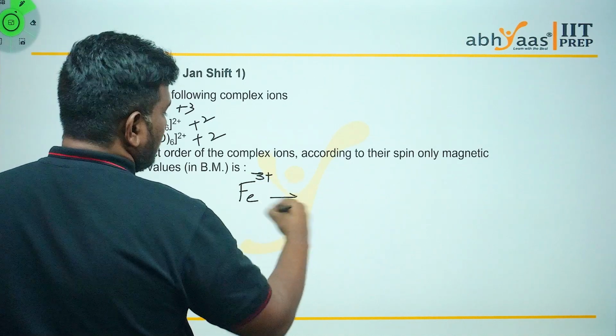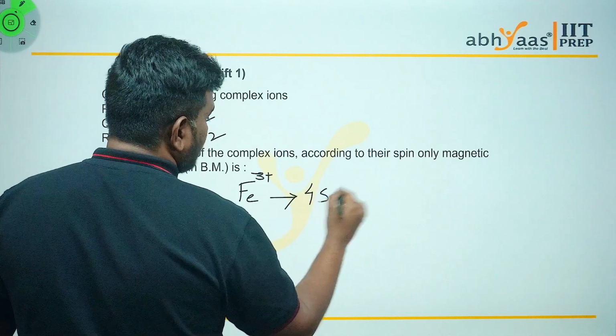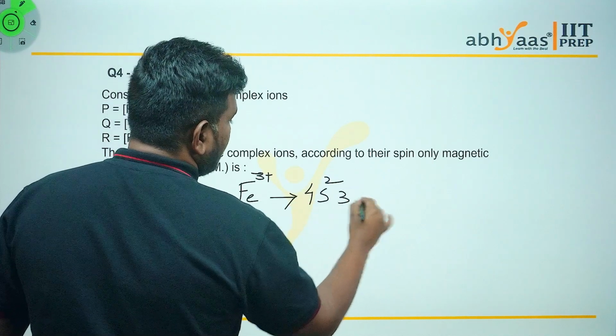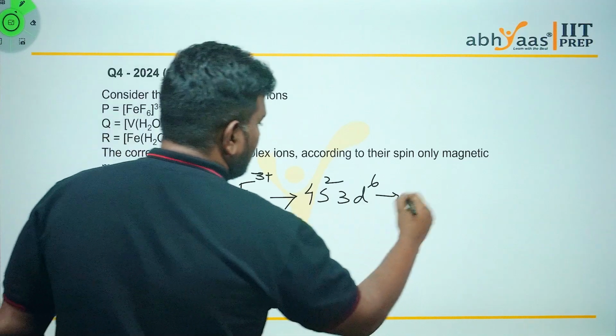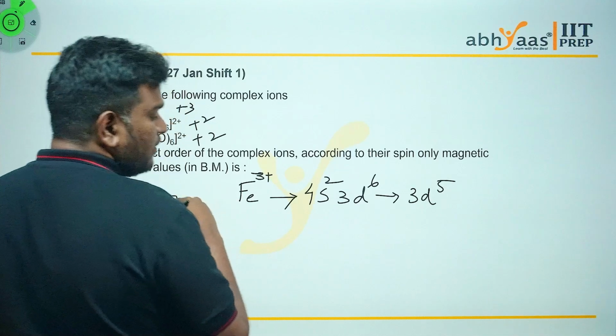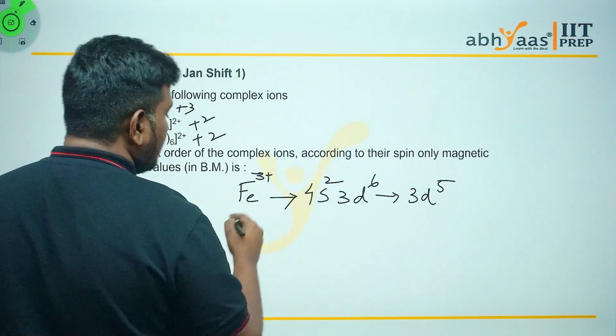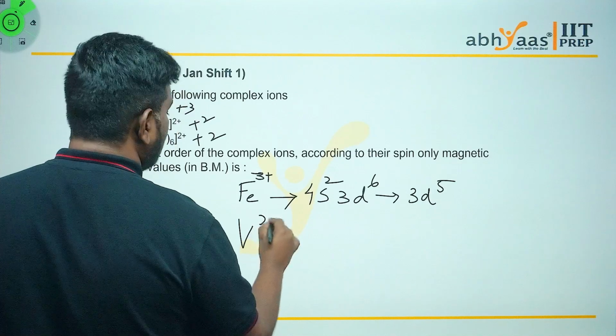That means from the usual configuration 4s2 3d6, but 3 electrons are missing now, right? So it will become 3d5. 2 will be gone from s, 1 will be going from d. Now we go to vanadium, V 2 plus.